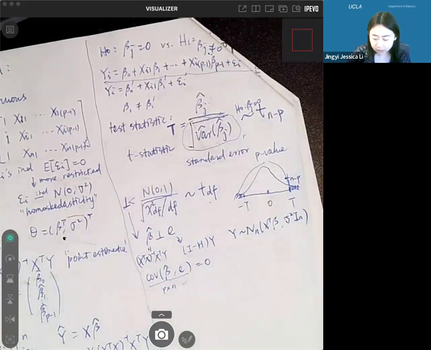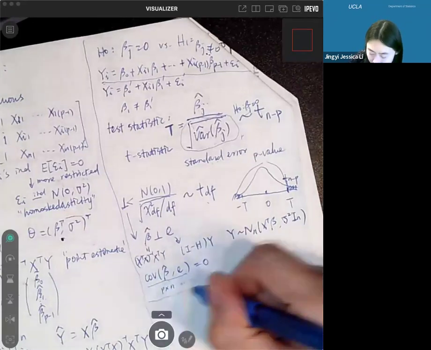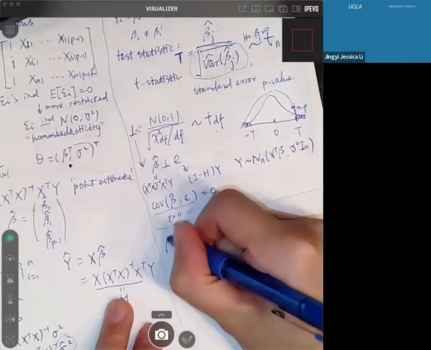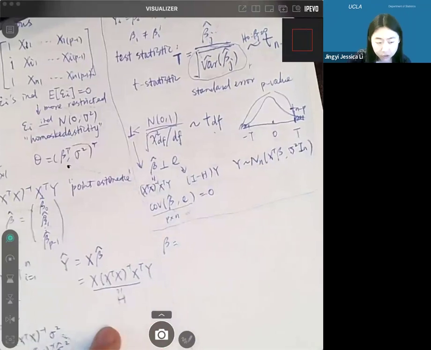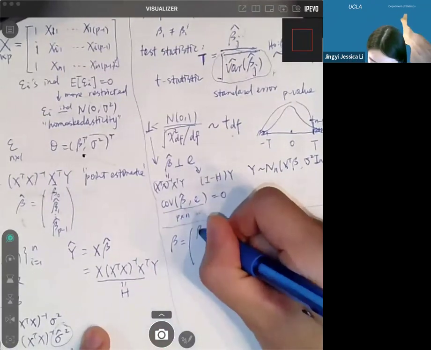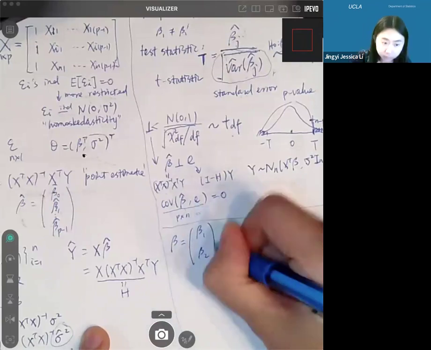Okay, so this is for one test, for testing one coefficient. What if we're interested in testing whether multiple predictors' coefficients are jointly 0? If we move on to the multivariate version, we can divide our p-dimensional beta vector into two chunks, subvectors beta 1 and beta 2.